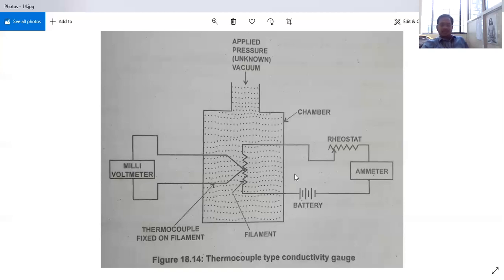So it is an expensive one, because power is getting used in both places, either in the filament circuit or in the thermocouple. The energy expenses are getting more. As a result, I conclude that this is one of the limitations, that it is a costlier one.